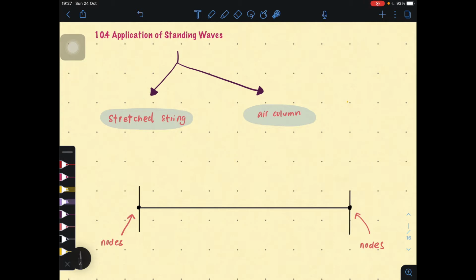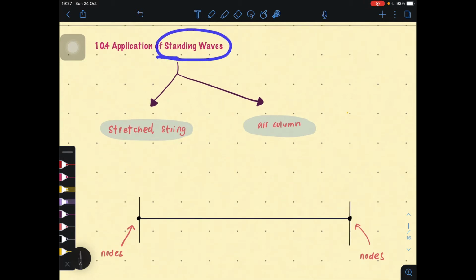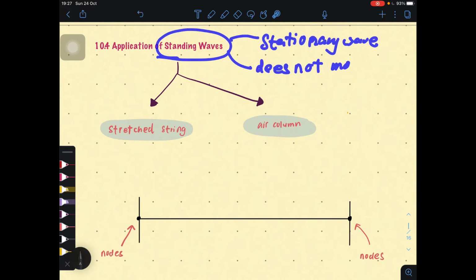Before this, we have learned that standing waves, which is also known as stationary wave, is a type of wave that does not move.